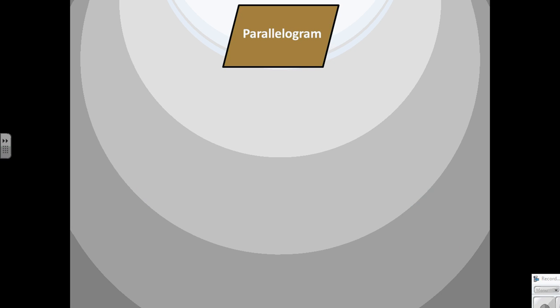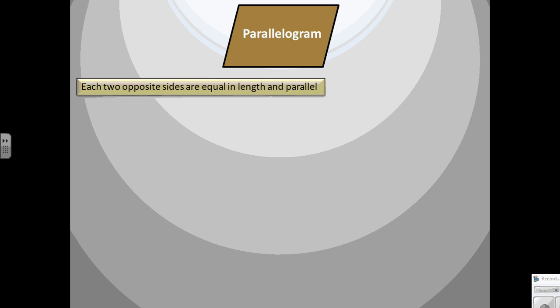The properties of the parallelogram: the first property is that each 2 opposite sides are equal in length and parallel.